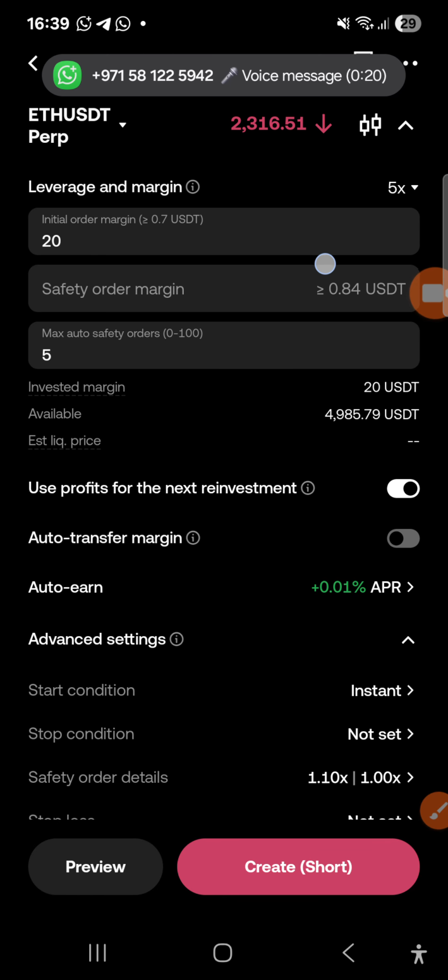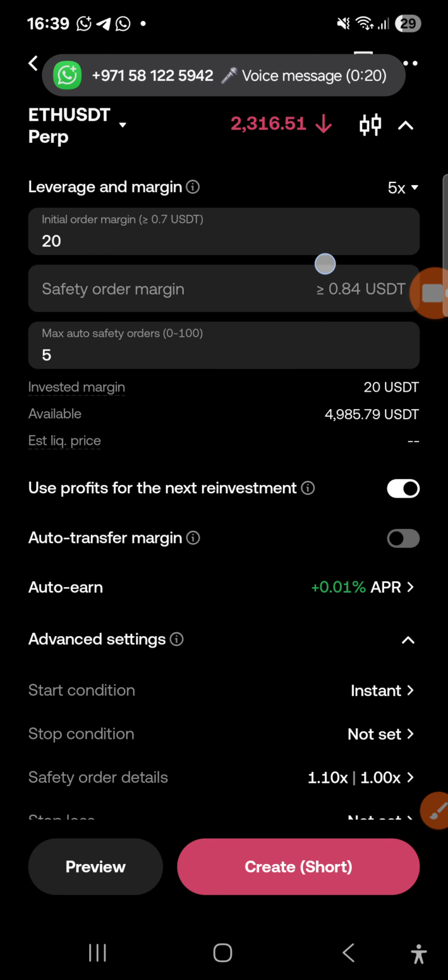Okay, now here we have what we call stop condition. Stop condition, you see this word, okay? It is not set, but let us set it. Okay, now I will click on this word not set. Now let me click in it.